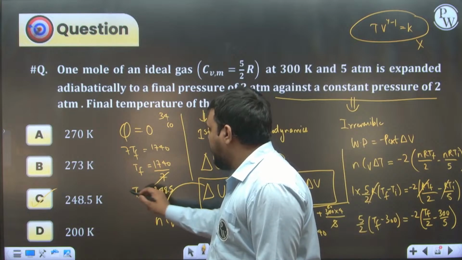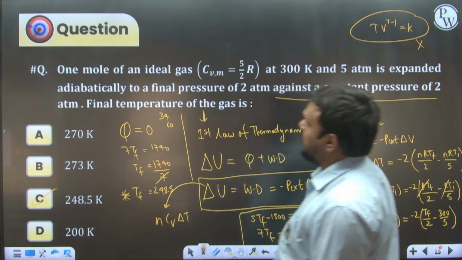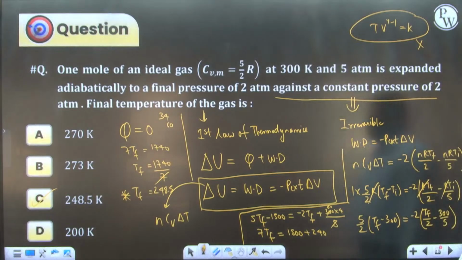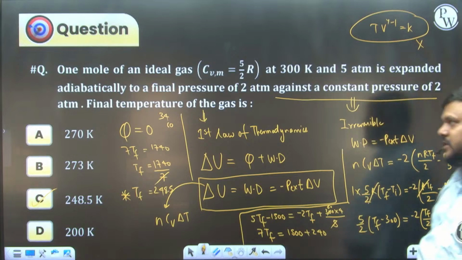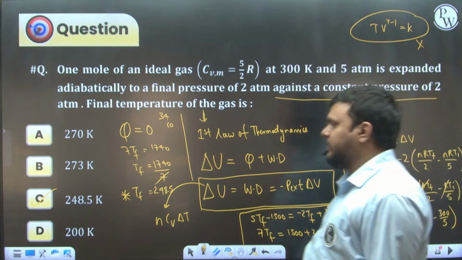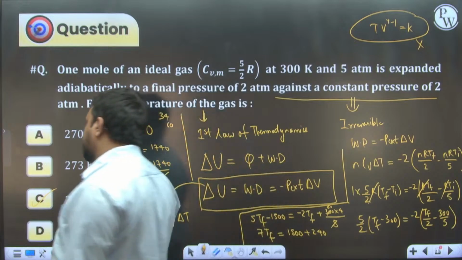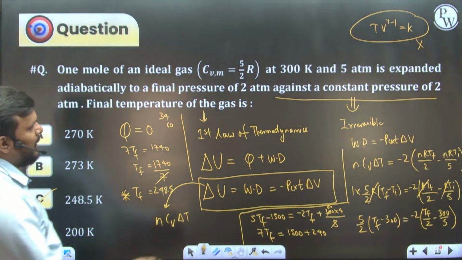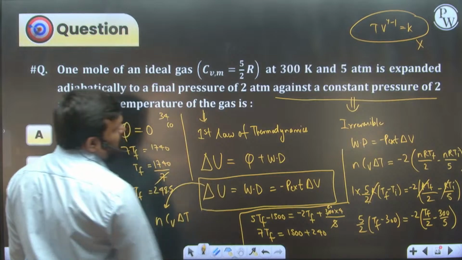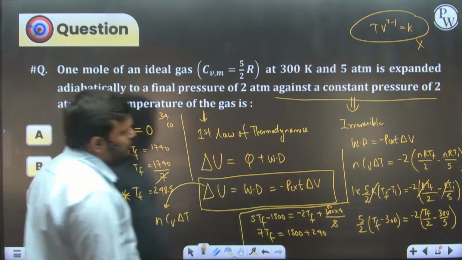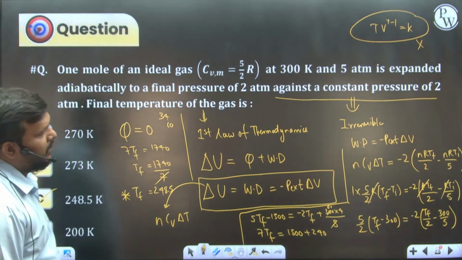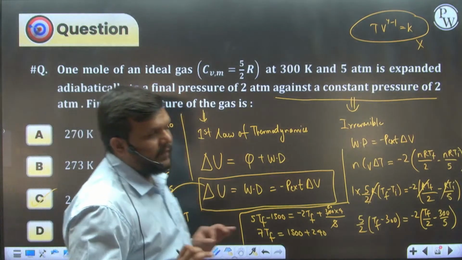The important point you must have learned from this is that never apply this TV power gamma minus 1, which is for reversible adiabatic process, because here we are having irreversible adiabatic process. Here we have to apply this delta U, internal energy change, is equal to minus P external delta V. So this is a very important question.